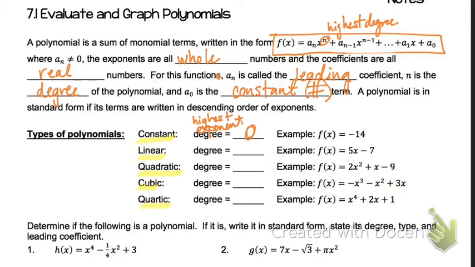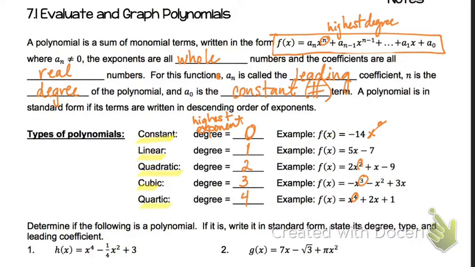It's like saying negative 14 x to the 0 power, which just becomes 1. So you have no x. Linear, my highest degree is to the first power. Quadratic, second power. Cubic, third power. Quartic, fourth power. And we don't really have words for the other ones. You would just say x to the fifth. The highest degree would be the fifth power, the sixth power, seventh power, etc.